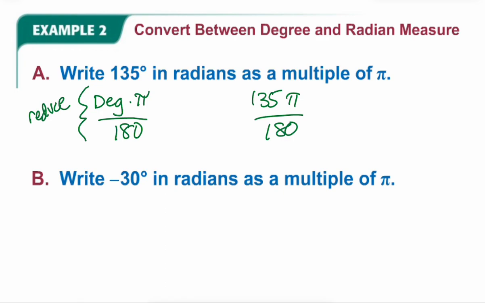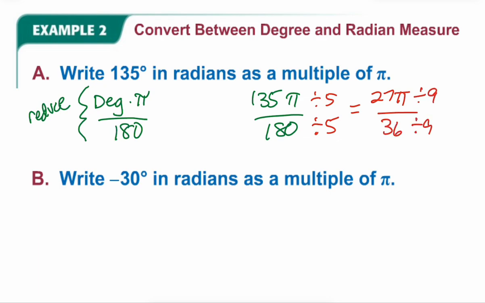Now, both 135 and 180 are divisible by 9 and also divisible by 5. So technically divisible by 45. No matter how you end up reducing it, you could first divide by 5 if you wanted, which is 27 pi over 36, I believe, and then divide by 9.